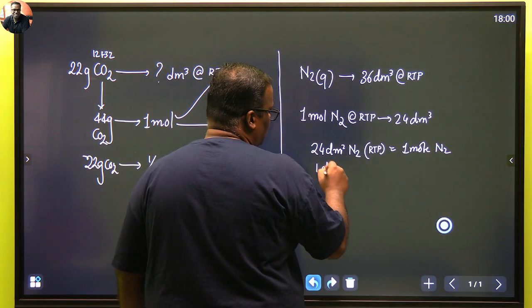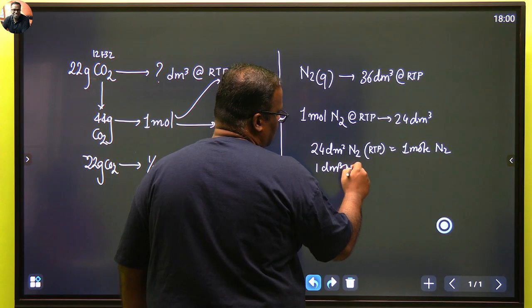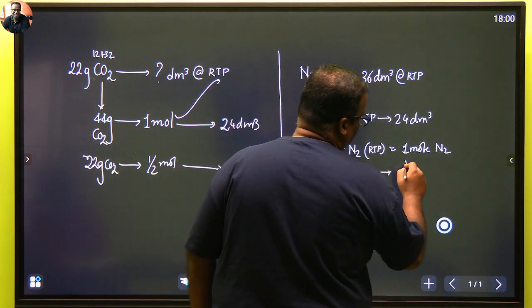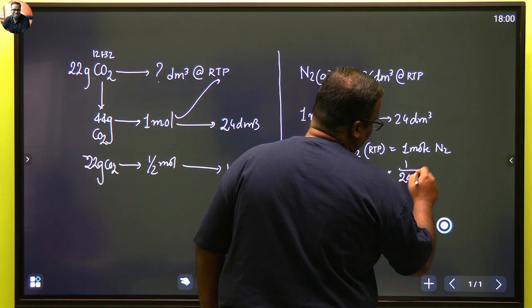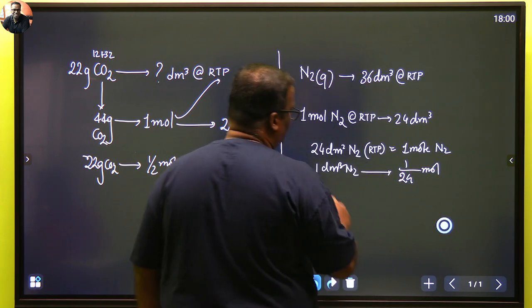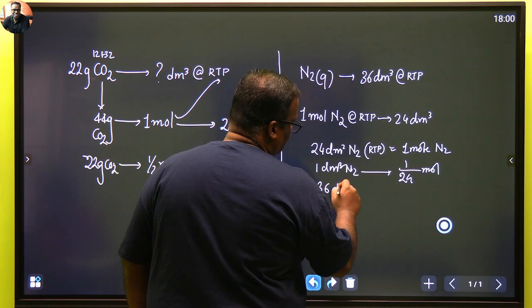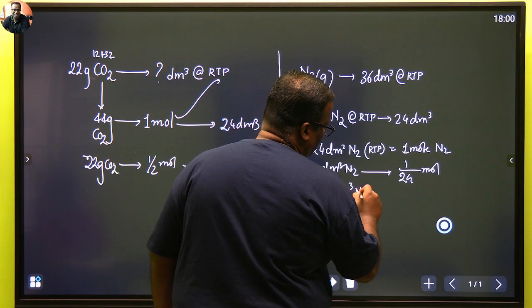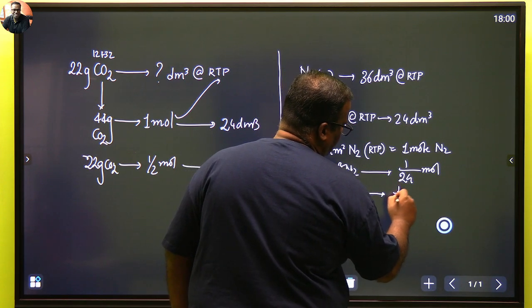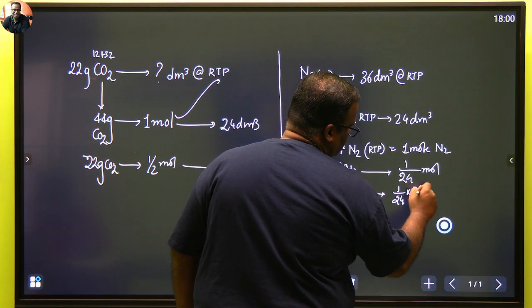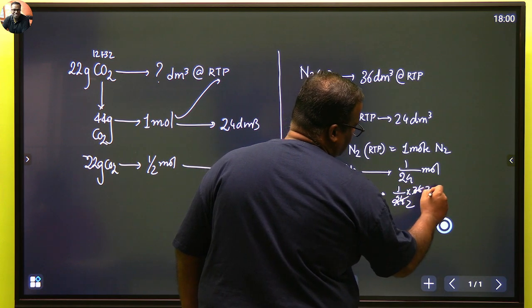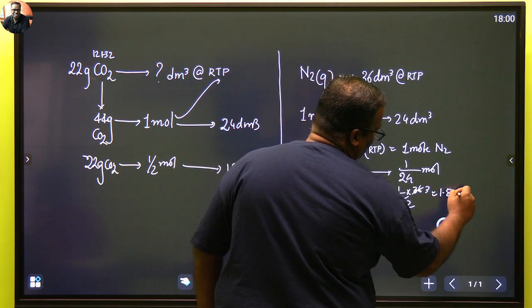Therefore, 1 dm cube gives you how much? 1/24 mole. And you have got how much? 36 dm cube. So 36 dm cube of nitrogen will give you 1/24 into 36. 12 2s are 24, 12 3s are 36, 1.5 mole.